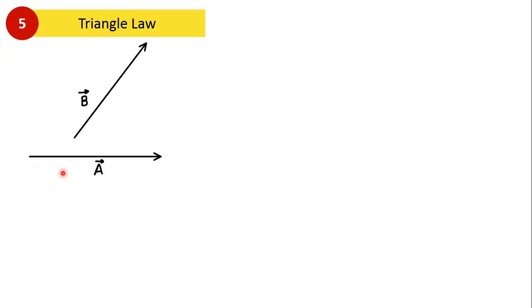Let us say we have two vectors A and B and we want to add them using the triangle law. What we should do is this. Take the A vector, and then take the B vector and put the tail of the B vector on the head of the A vector.